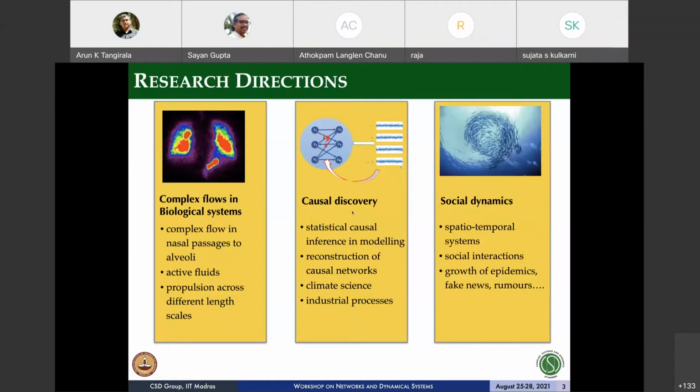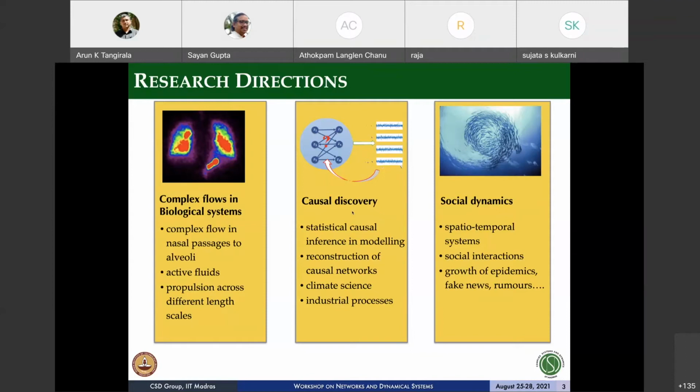Then, of course, in the modern era, we are interested in social dynamics. And today, the society is a lot more, at least globally connected, locally, maybe disconnected, we do not know, but globally, certainly there is a lot of connection. And we know that the dynamics are very complex out there.